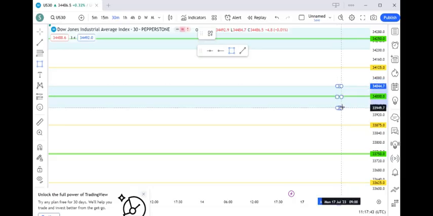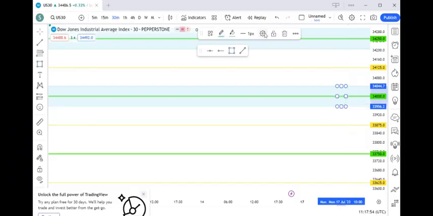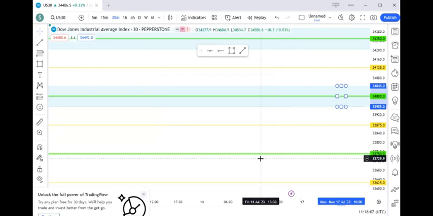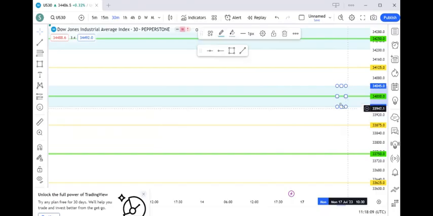Below we want 33,955. Okay, we're moving on. We lock it in.